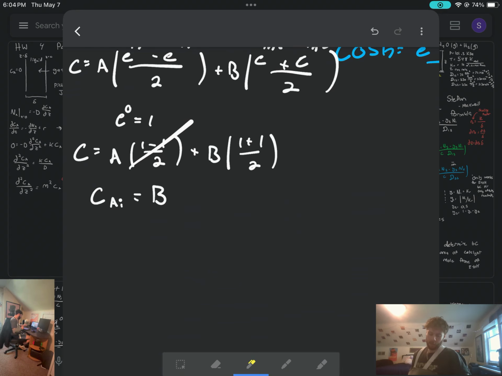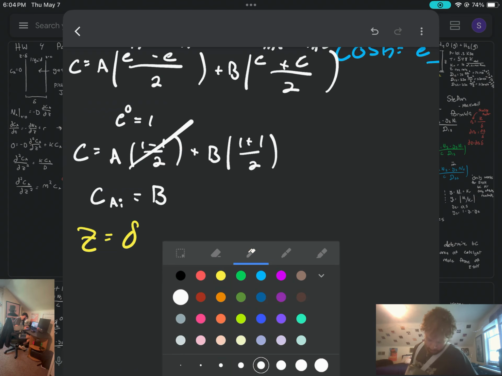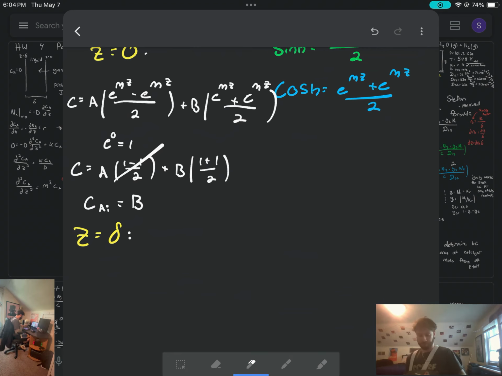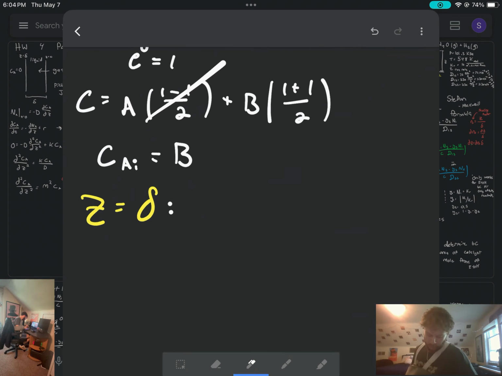Now, our other boundary condition, z equals delta. If we rewrite our equation, we'll keep this in just our sinh and cosh terms.